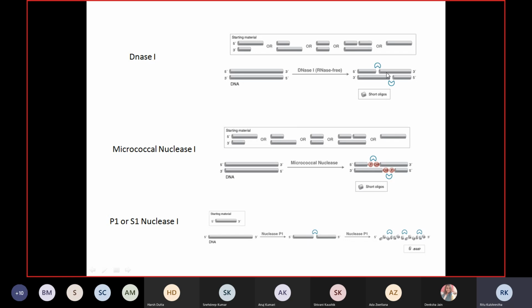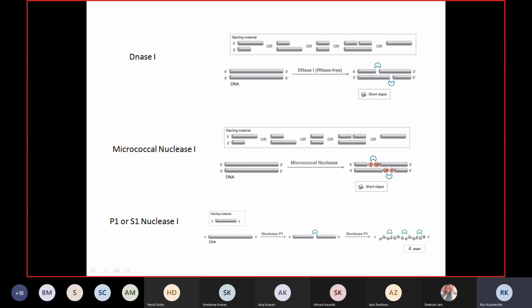So DNase 1 makes a cut in a double stranded DNA, or any of these starting materials can be acted on by DNase 1 and a cut made in them. Similarly, micrococcal nuclease will make a cut in these molecules. The only difference between this and DNase 1 is that in MNase, the DNA fragments that are finally made have a 3' phosphate and a 5' OH group.